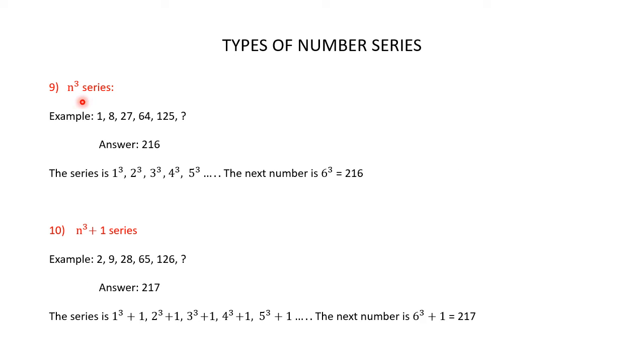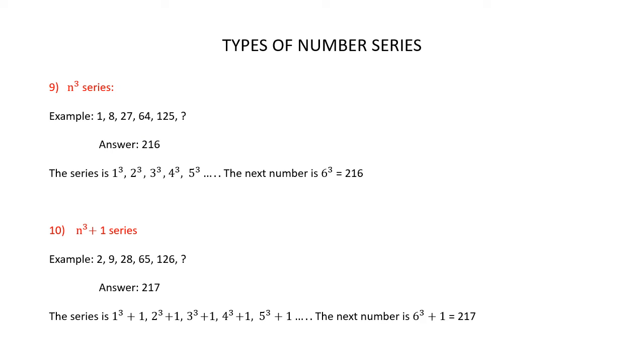Next is n cubed series. Let's understand this with an example. Look at this number series 1, 8, 27, 64, 125 and question mark. You have to find the missing number. When you observe the numbers, you'll find that these numbers are cubes of consecutive numbers.